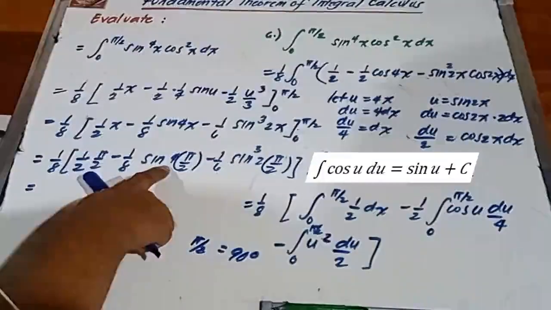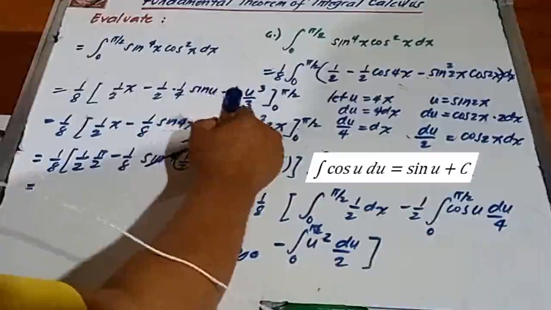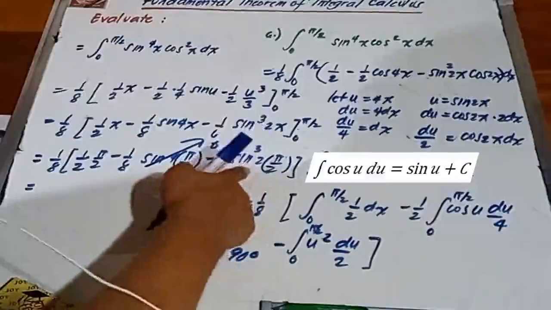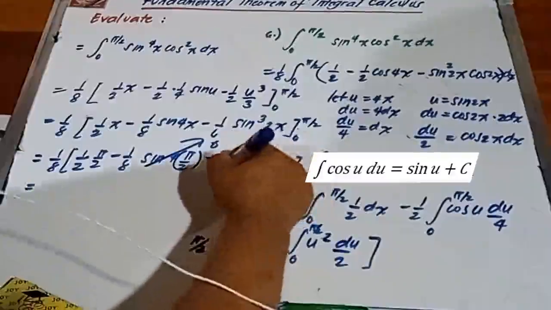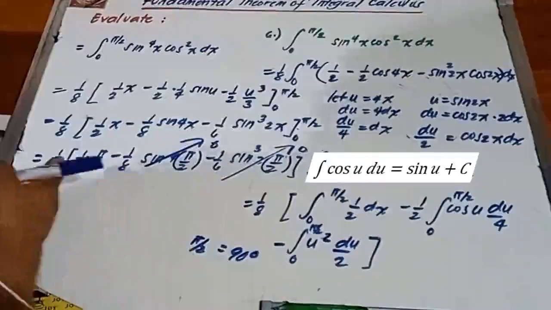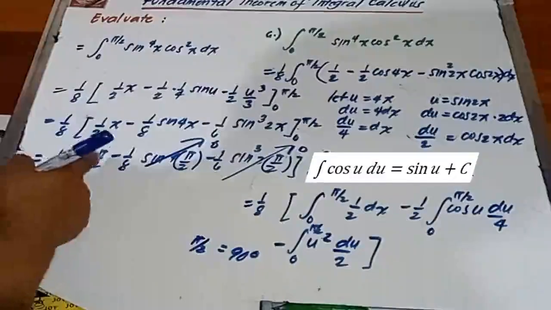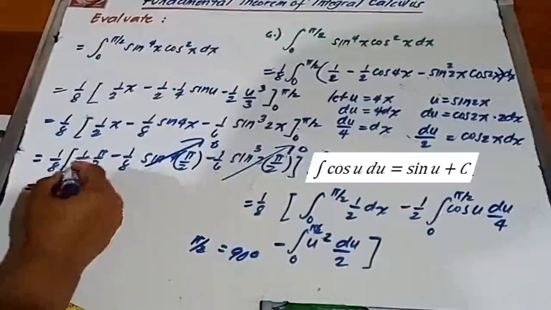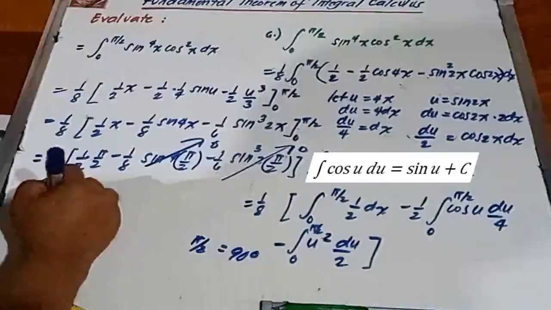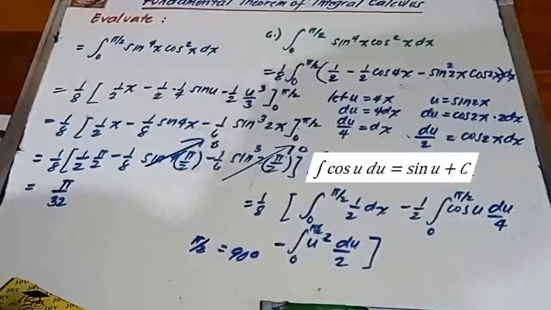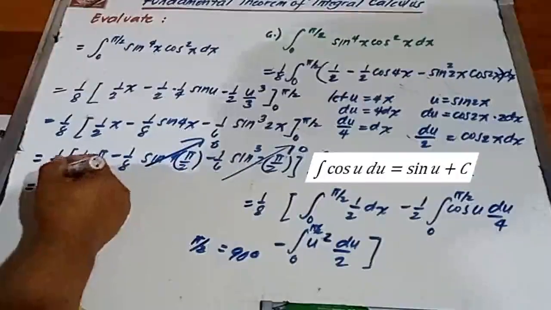Sine 360 is 0. So, wala na to. Pi over 2 times 2 is pi. Sine pi is 0. So, wala na rin to. So, ito na lang matitira. So, we have pi over 4 times 8 is pi over 32. So, yun ang sagot natin para dun sa example number 6.